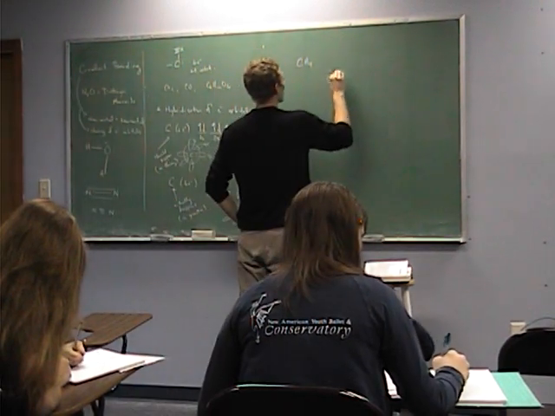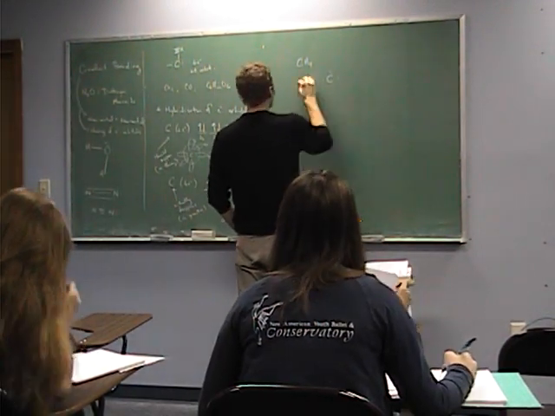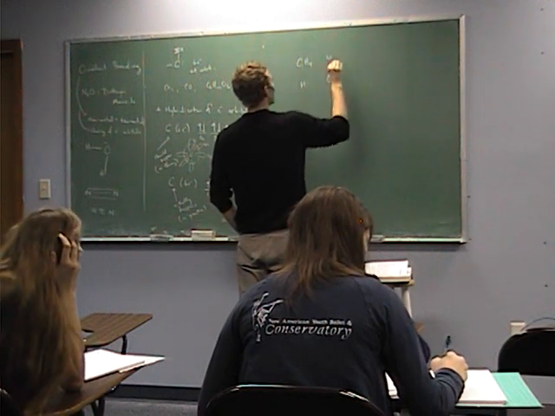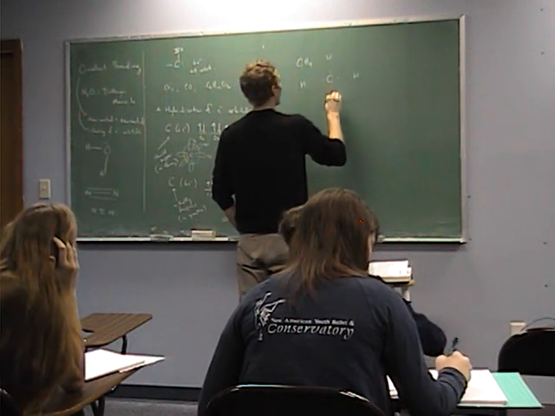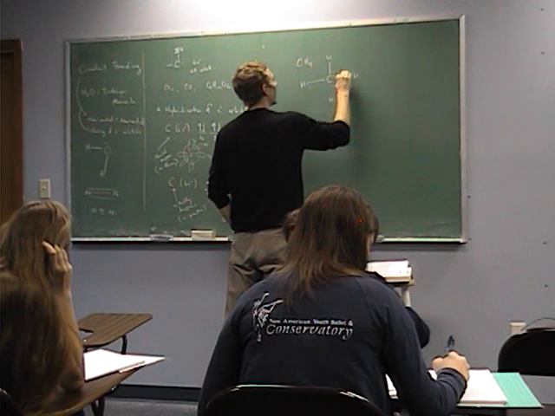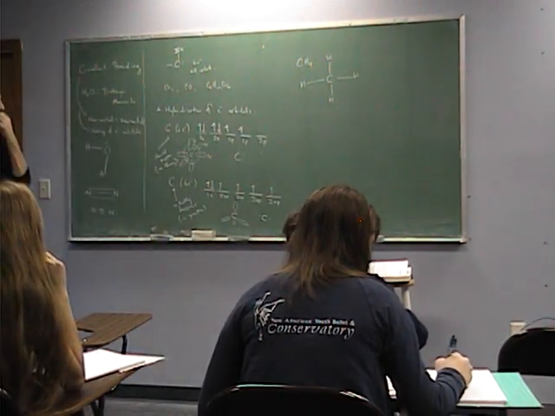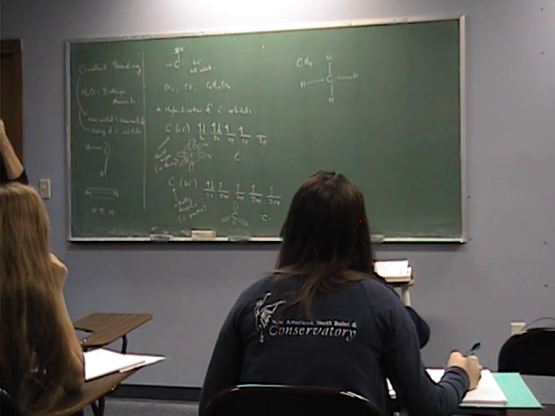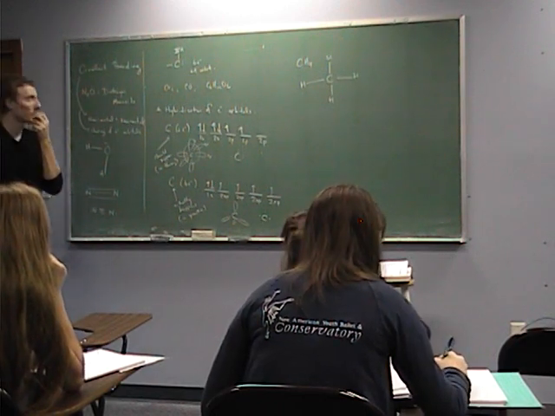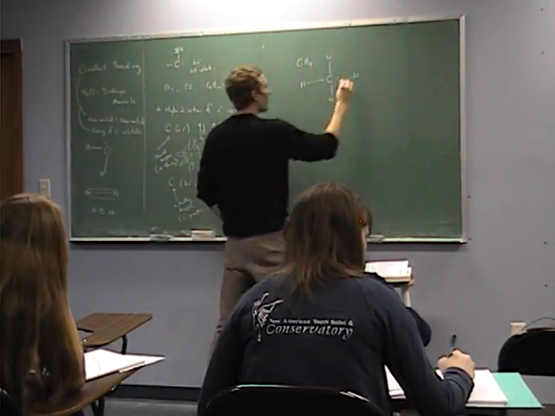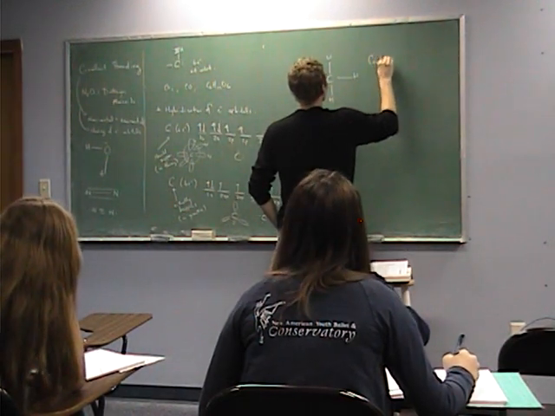So, carbon has 4 bonding sites. Hydrogen each has 1. There you go. Carbon tetrahydride would be the name of this guy. He actually has a more common name than carbon tetrahydride.